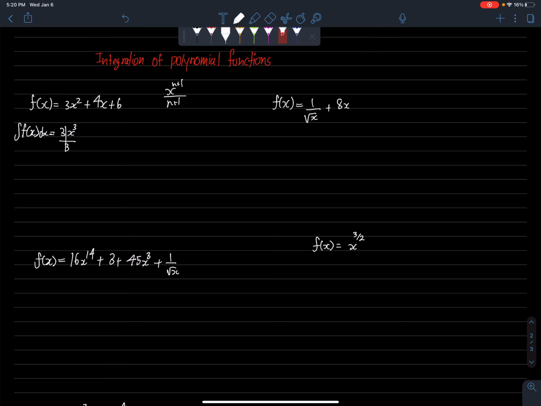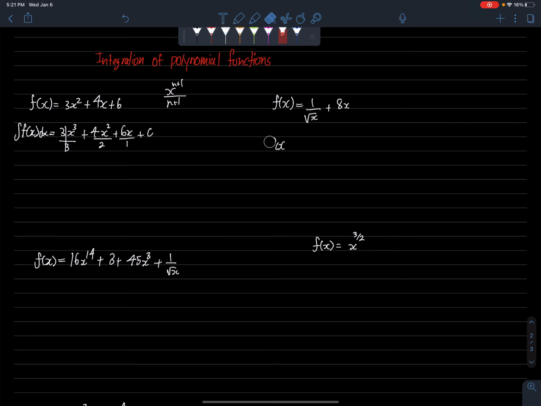Move on to the next term. So plus 4, we don't touch that. X is to the power 1, so x squared over 2. Those two simplify. So it's 6 times x to the power 0, technically, right? If it's 0, you add 1, so it's going to be 6x over 1, which we'll put anyways. And then we can't forget the constant, plus c. Right, that's the first one.